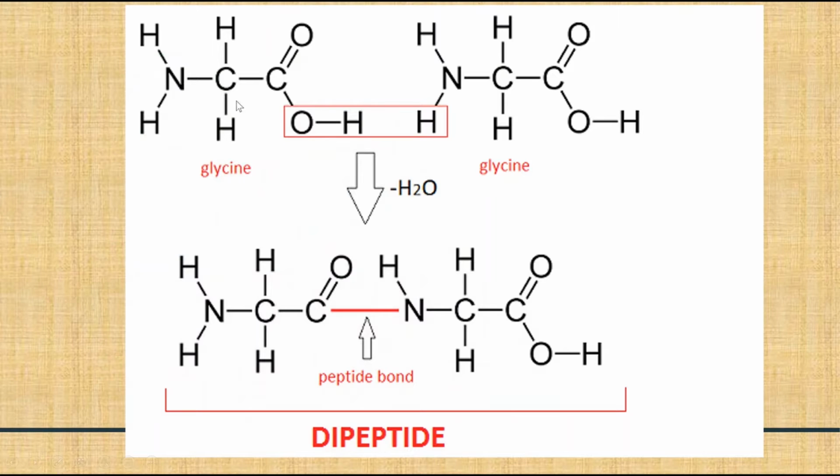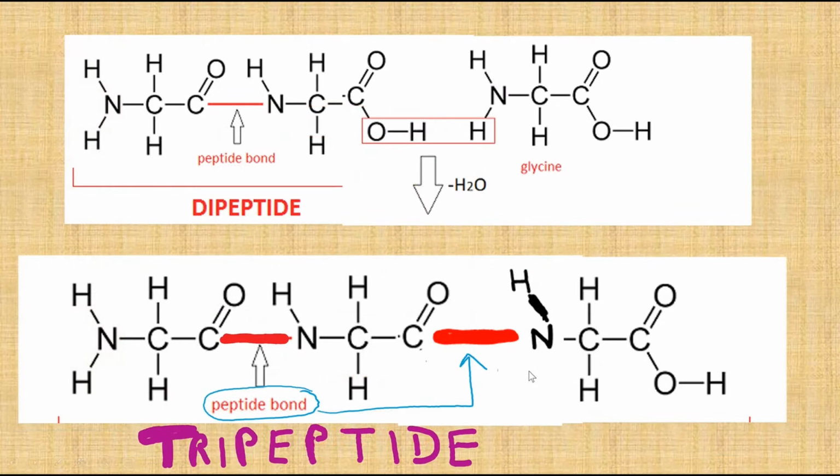Now, this example is taken of glycine, but remember that this hydrogen can be different. If two amino acids join together and remove one water molecule, they form a dipeptide. So, two amino acids form a dipeptide. Similarly, if you take three amino acids together, they form a tripeptide.